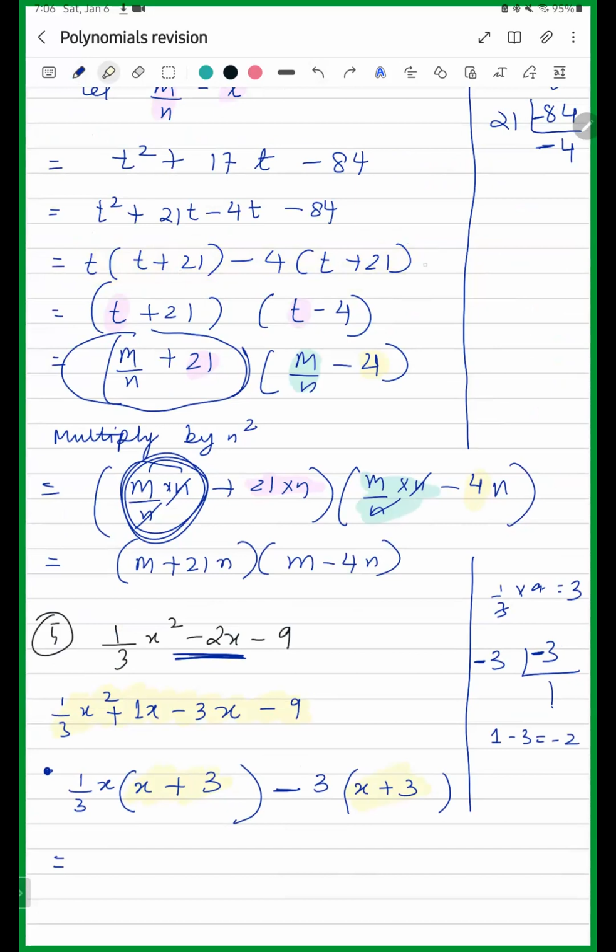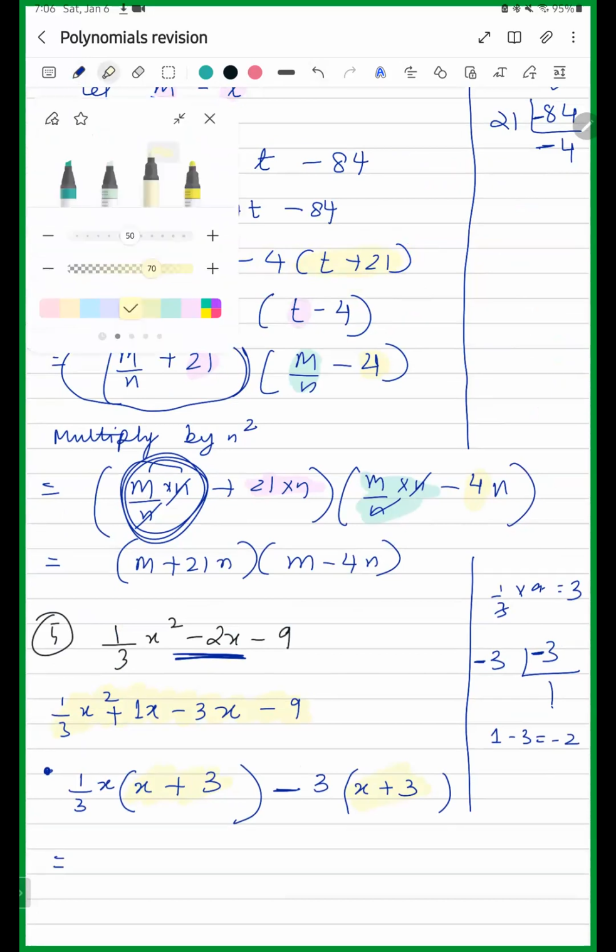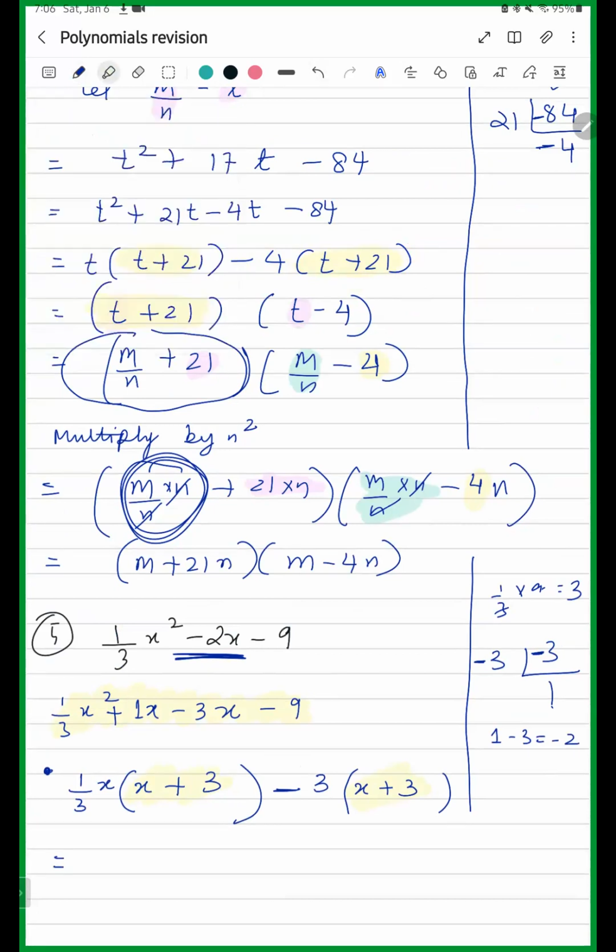So this t plus 21 bracket was common in both of these terms. So we wrote t plus 21 first, and then whatever is left, which is t minus 4, this we wrote in the second bracket. Got it? Yes, ma'am, got it.